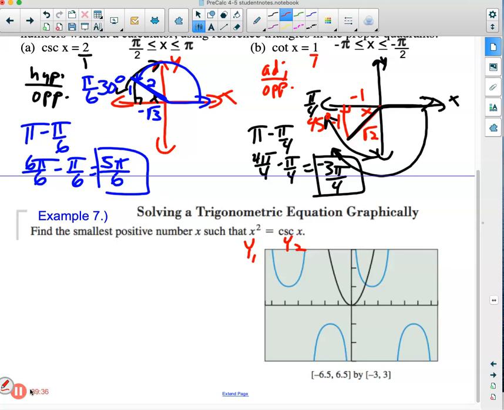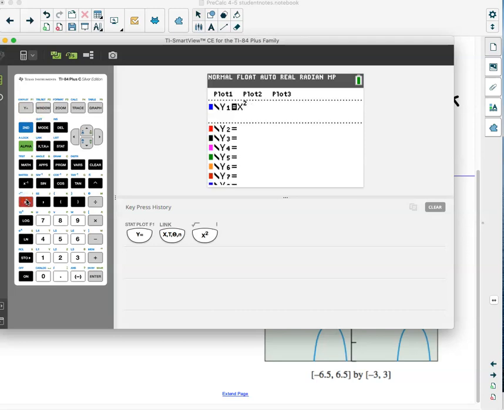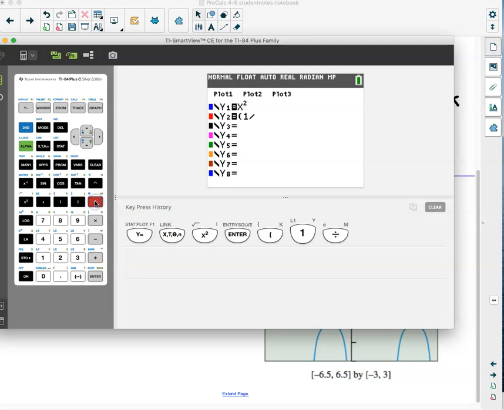But then you remember, hey, there's no cosecant button on my calculator. Nope, we're going to have to put in 1 over the sine of x in order to get our graphing calculator to understand that we want cosecant. So let's take a peek. Y equals x squared, and then parentheses 1 divided by the sine of x.